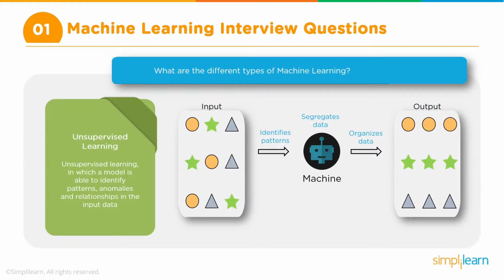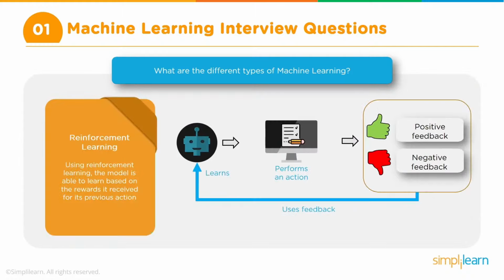Then the third, so we have supervised, then unsupervised, and then reinforcement. You need to provide a little bit of information around that as well, because it is sometimes a little difficult to come up with a good definition for reinforcement learning. So you may have to elaborate a bit on how it works. Reinforcement learning works in such a way that it basically has 2 parts to it: the agent and the environment.